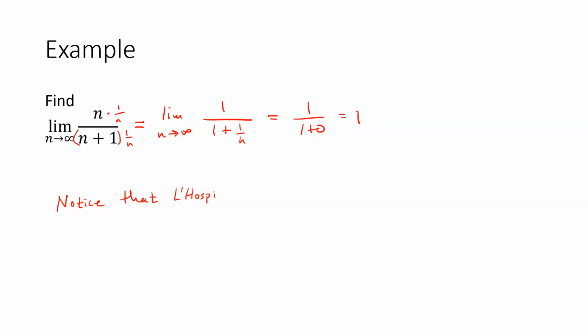So oftentimes that can be a useful rule to use when you're evaluating limits. Right, in this case, since n over n plus 1 is in the form infinity over infinity, if you did L'Hopital's rule, notice you would get the same result.